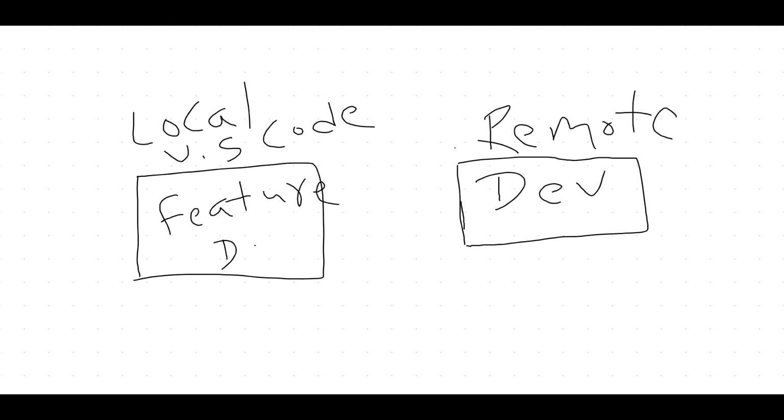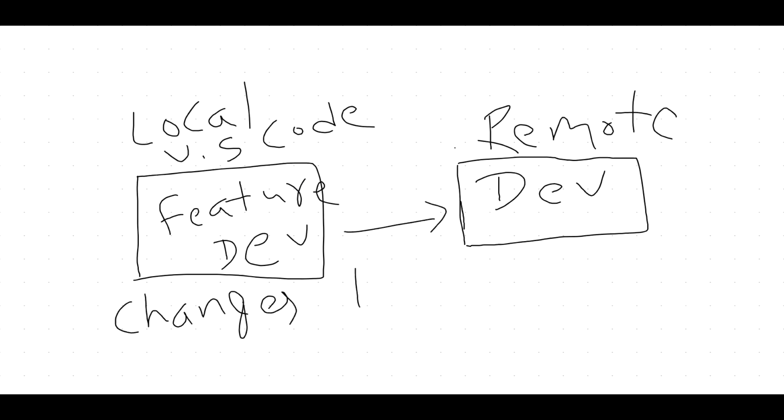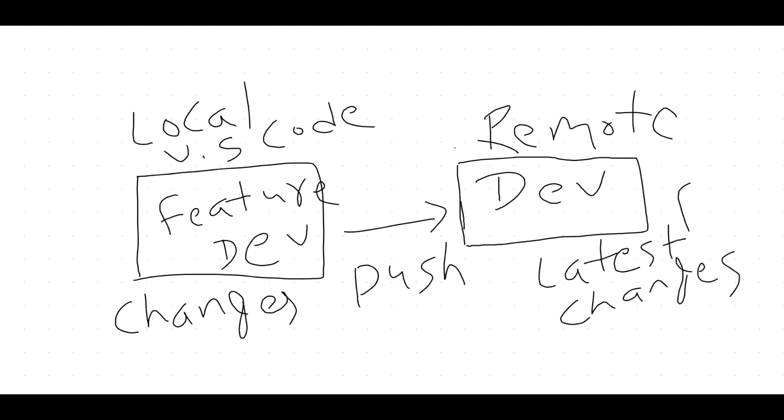Whatever we are creating here will be present in our local system. The same will be pushed to the remote when we push it. So changes will be done here, then we will push it. So the latest changes will be in the feature branch.